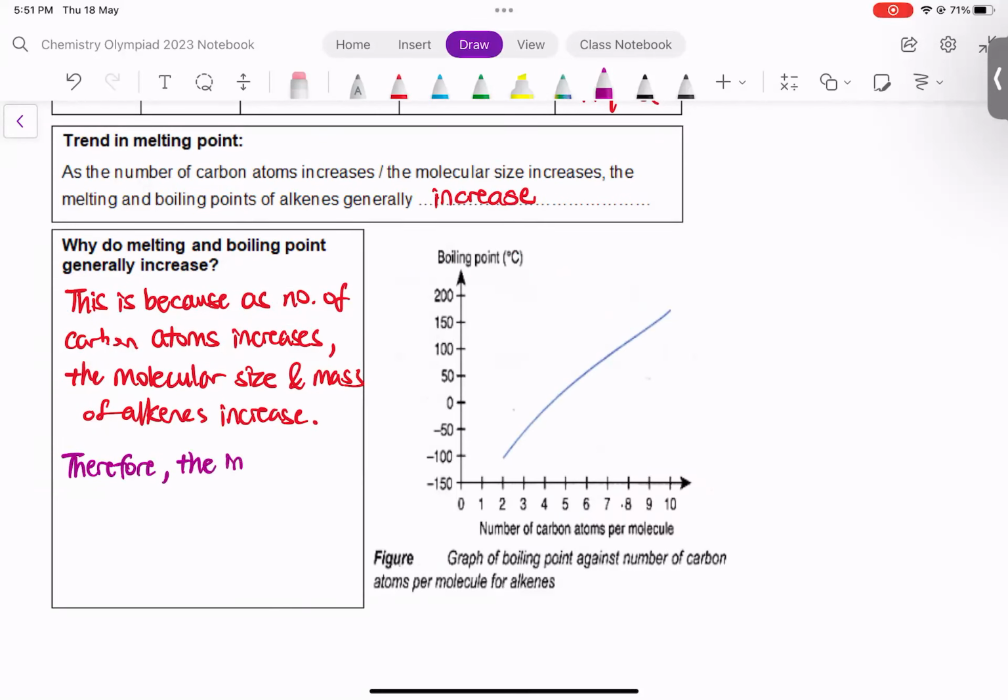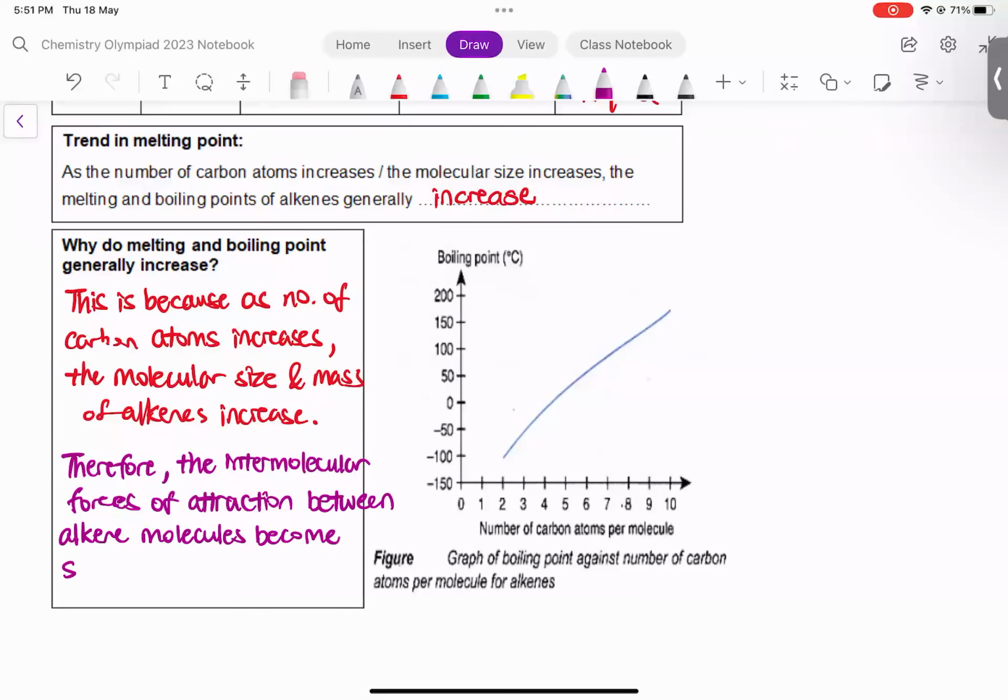Therefore, the intermolecular forces of attraction between the alkene molecules become stronger and more extensive.